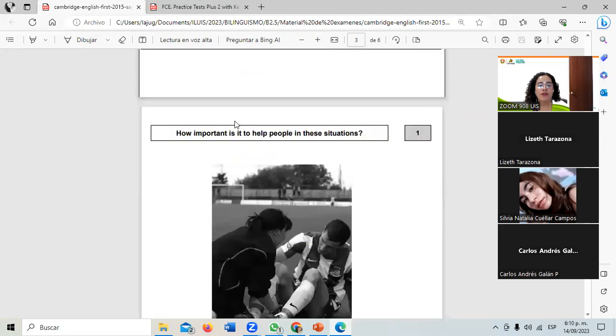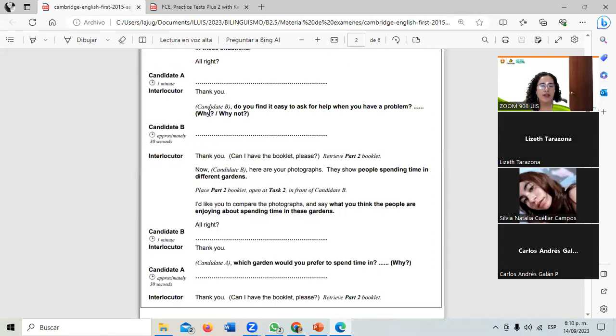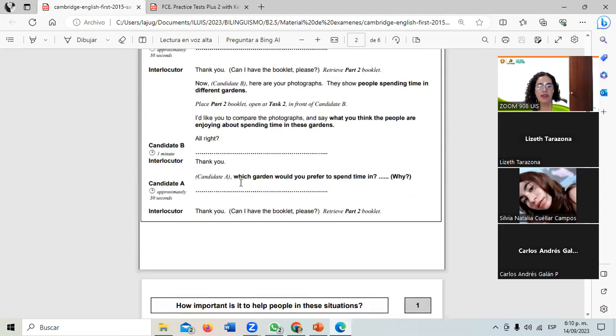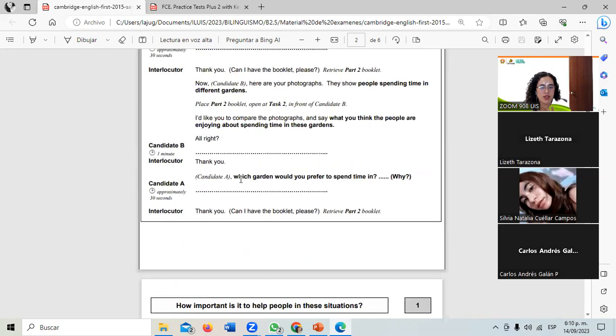Also, we can have some pictures that we're going to show you. Look at the instruction here. I'm going to give you 2 photographs. I would like you to talk about the photographs for a minute, and also to answer questions about your partner. So it's okay. This is designed in couples, but we're going to do it individually, okay?